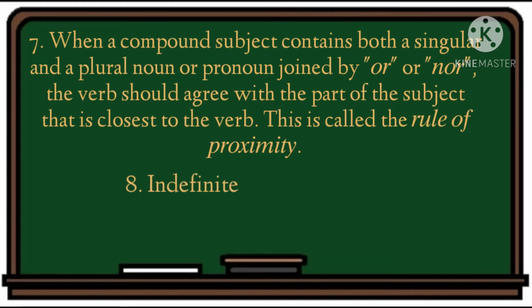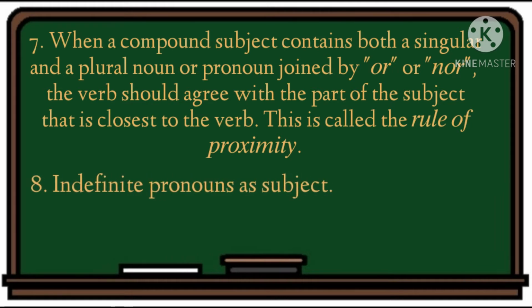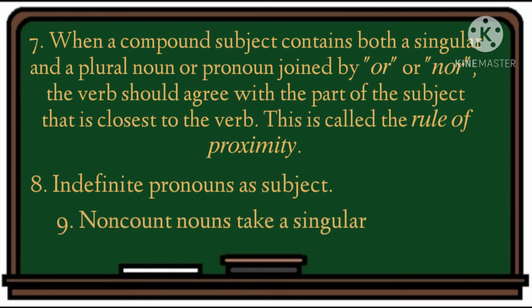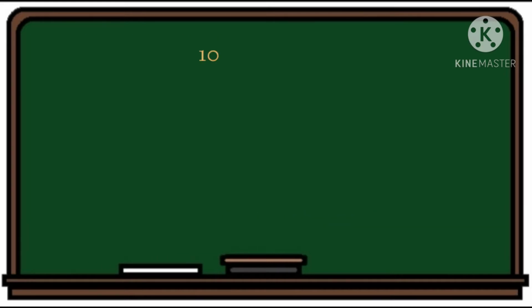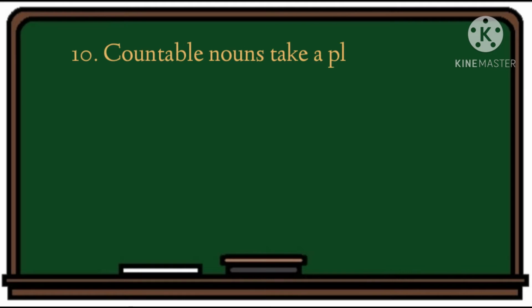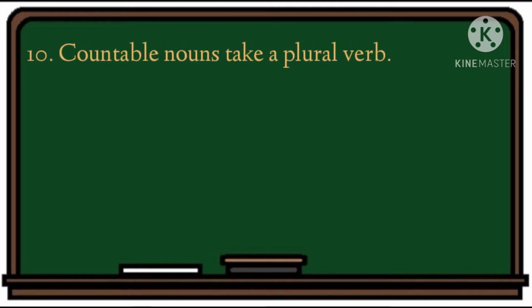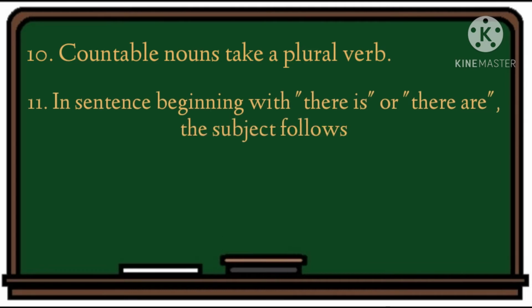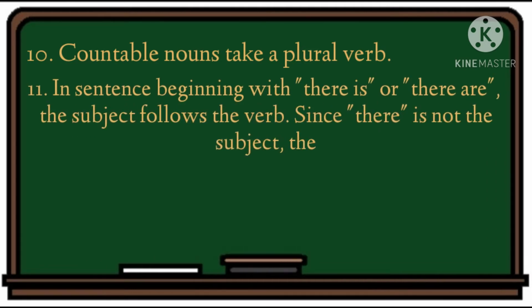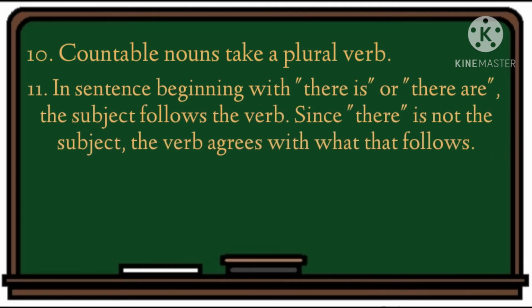Eighth, indefinite pronouns as subjects. Ninth, non-count nouns take a singular verb. Tenth, countable nouns take a plural verb. Eleventh, in sentences beginning with there is or there are, the subject follows the verb.